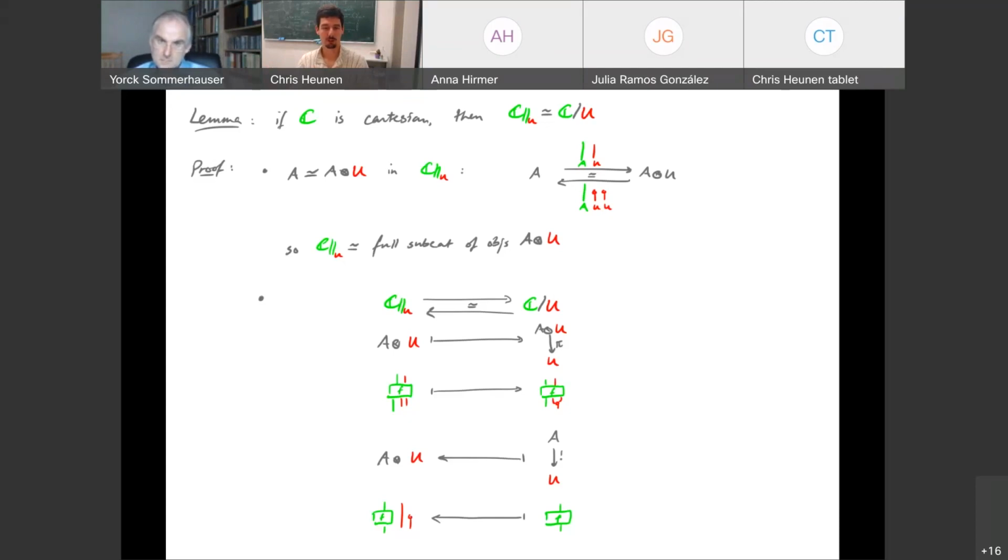So in other words, if the big category you start with is Cartesian, then the small categories that we defined are slice categories. But the small categories you've defined work in any case, right? Even if C is not Cartesian but just monoidal, they will still be fine monoidal categories.